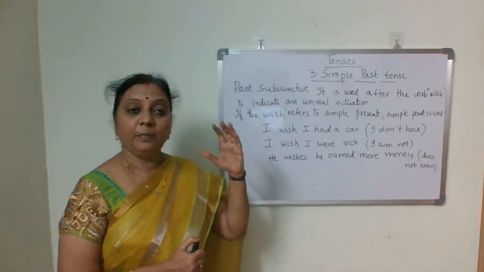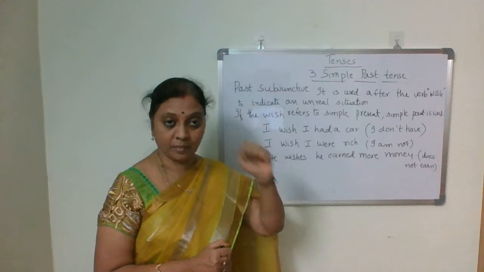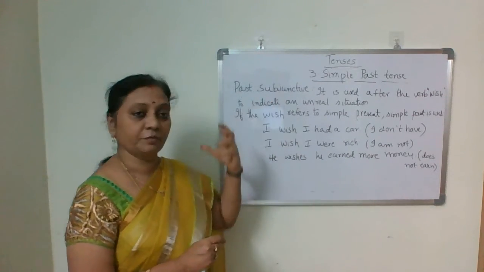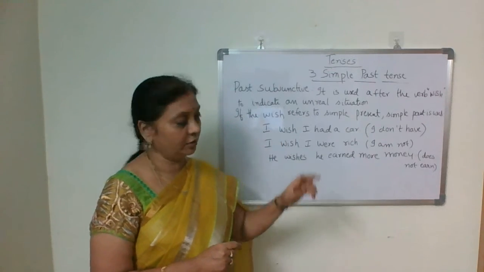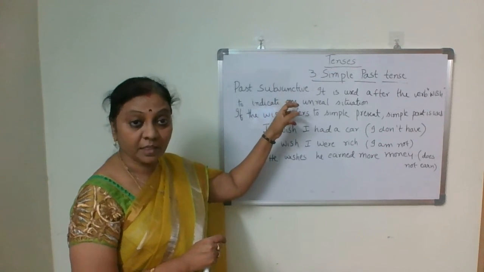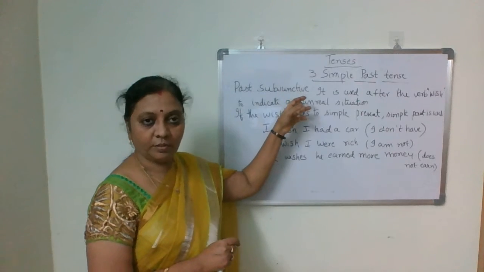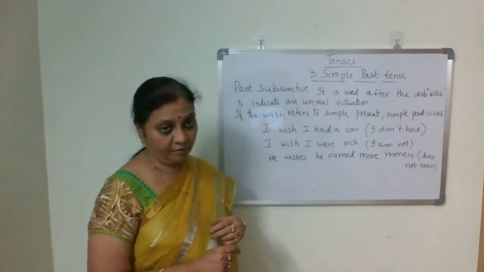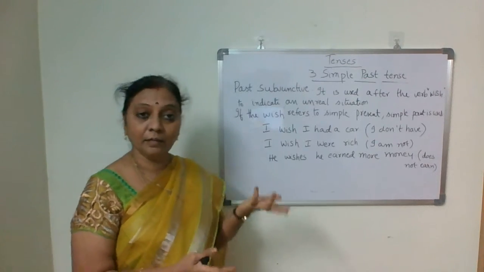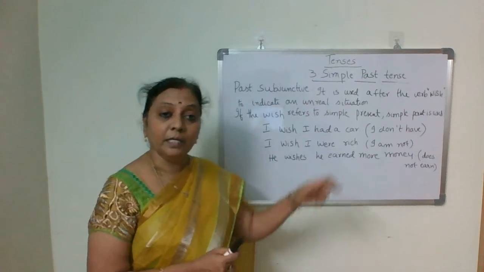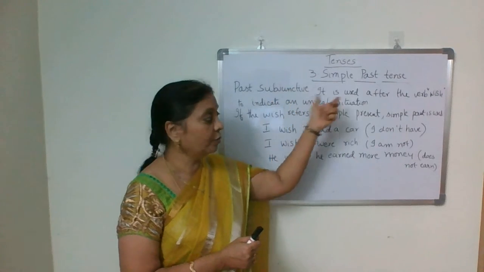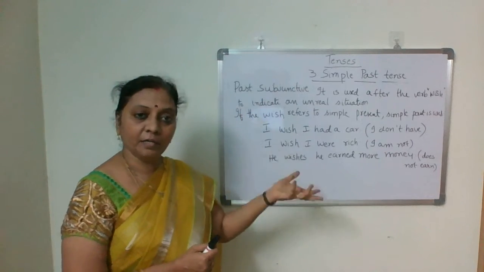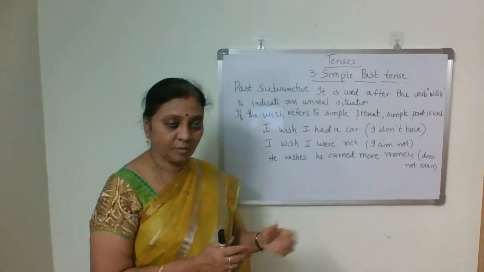So, simple past talks about past actions. Only one usage is there, but it is used for past subjunctive also. What is this past subjunctive? It is used after the verb wish, and it talks about unreal situations.